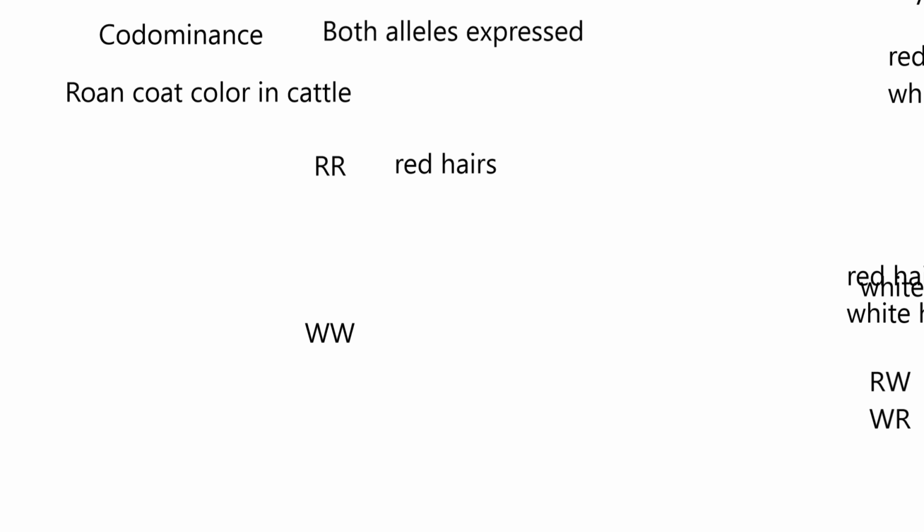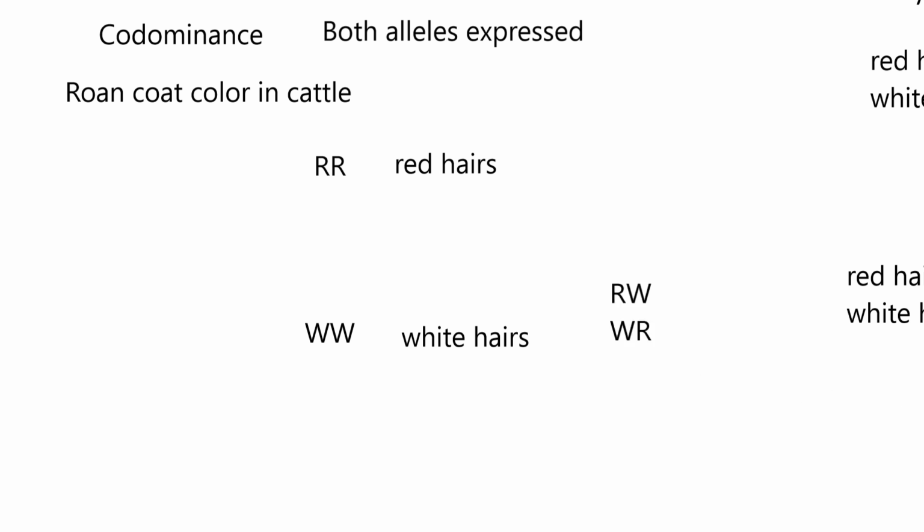If you have large W, you get white hairs. Now in this example, there's no little r or little w. It's just capital R and capital W, the two alleles that can fit at that locus.